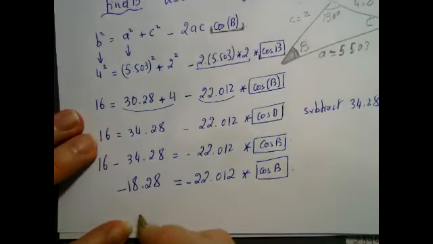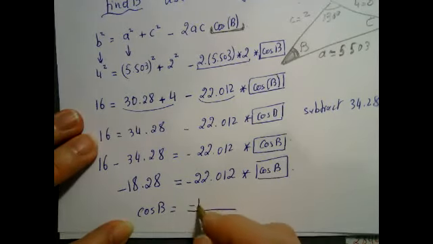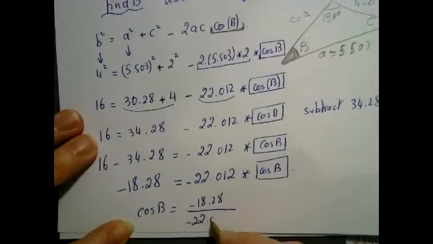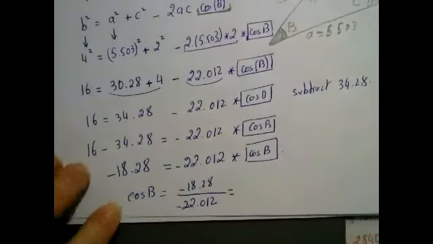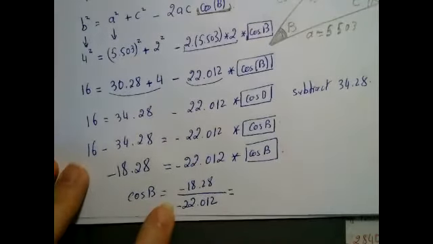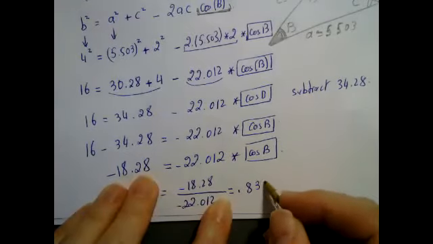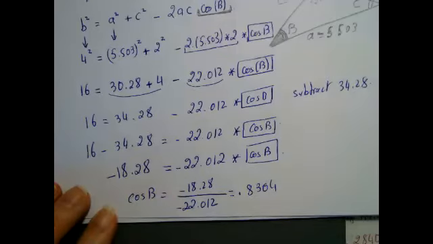So I divide by 22 on both sides. Like that, okay? And I use my calculator to find the cosine. So I'm going to divide this by 22.012, and this gives me 0.8304. So this will give me the cosine of my angle.